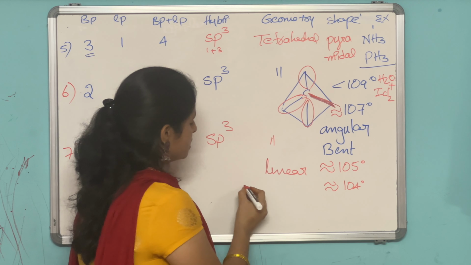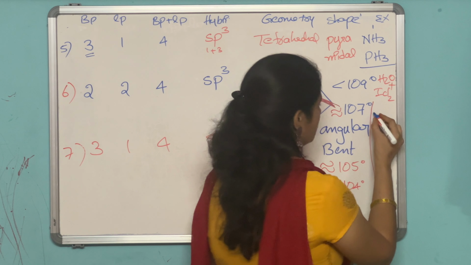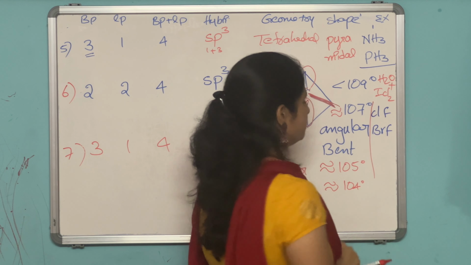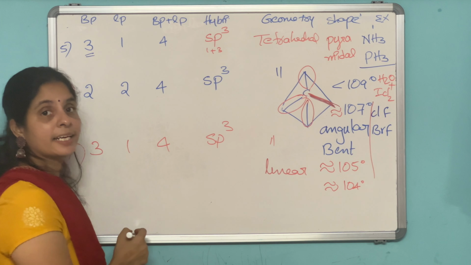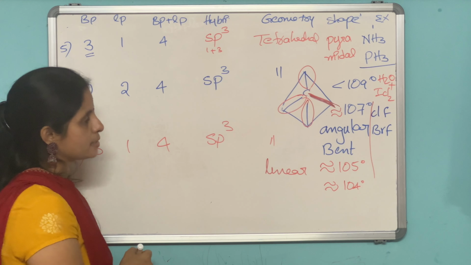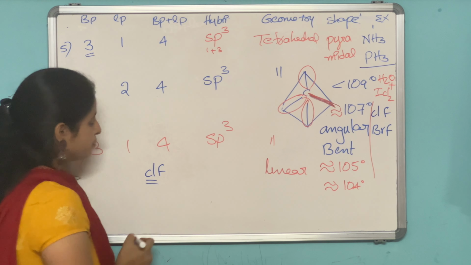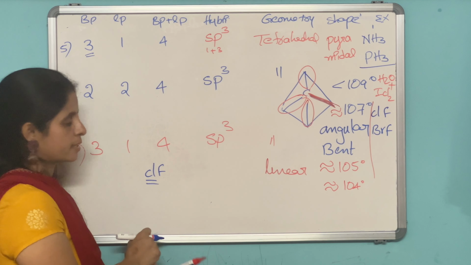The examples for this are ClF, BrF. We call them interhalogen compounds. For ClF, fluorine cannot be a central atom.